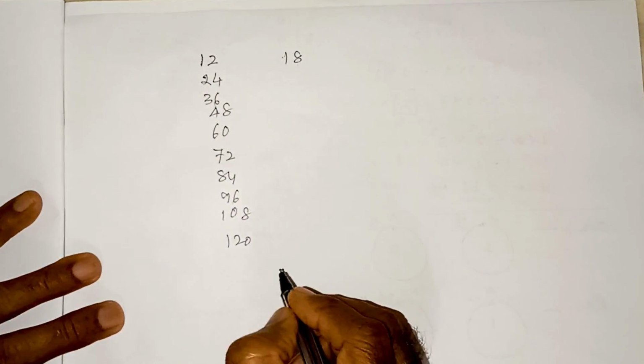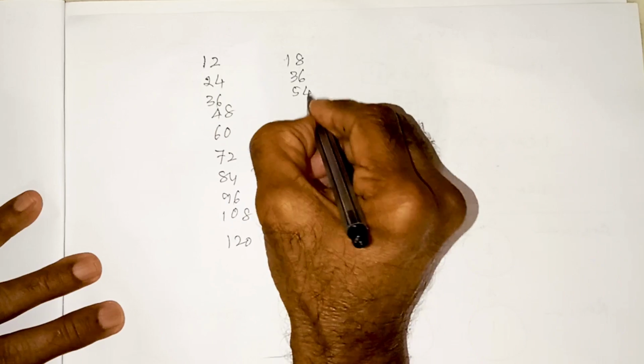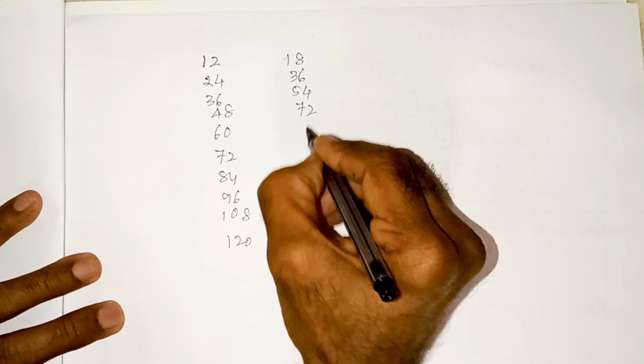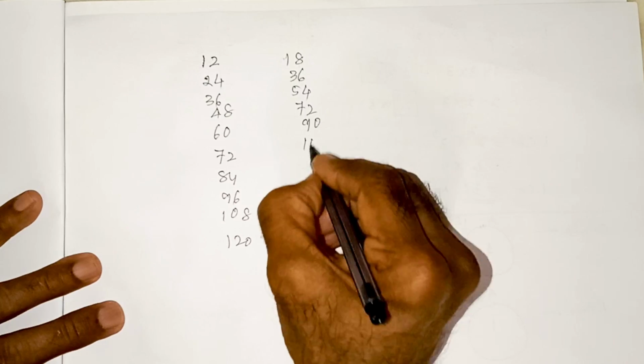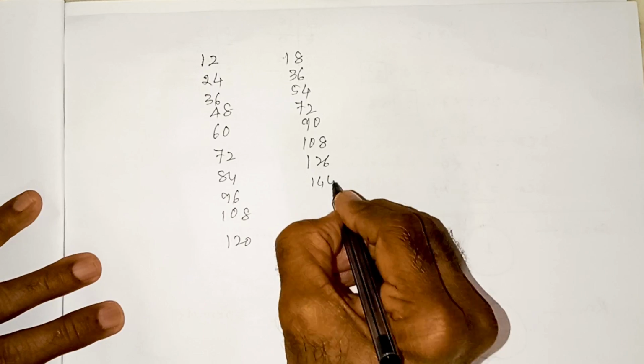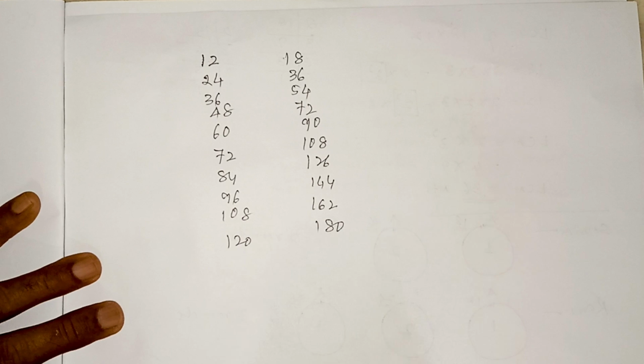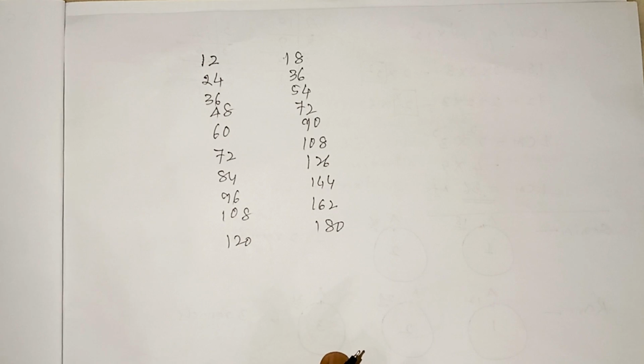This is the 12 table. In the 18 table you have 36, 54, 72, 90, 108, 126, 144, 162, 180. Just understand what is the real meaning of LCM.